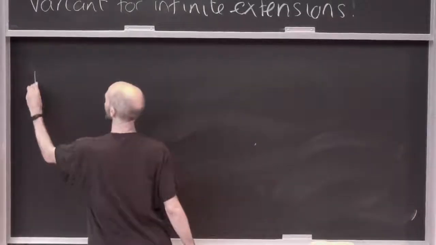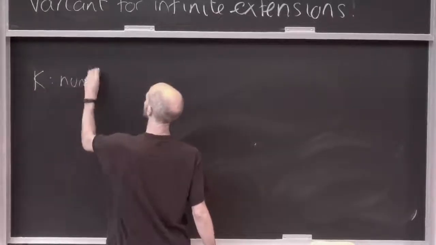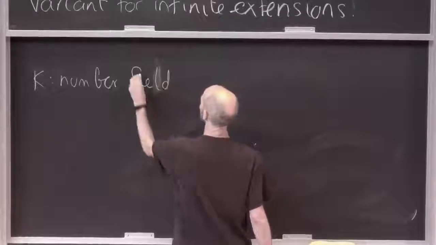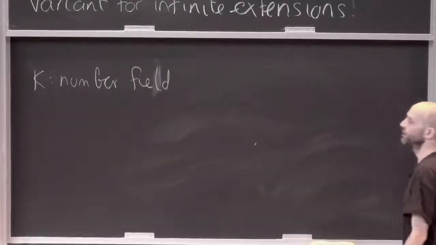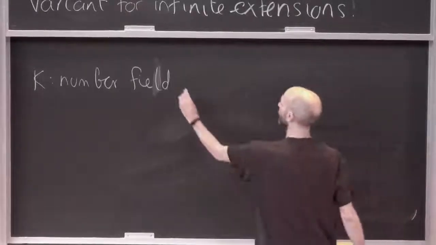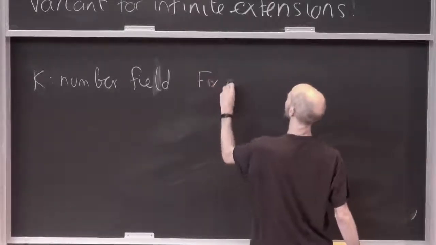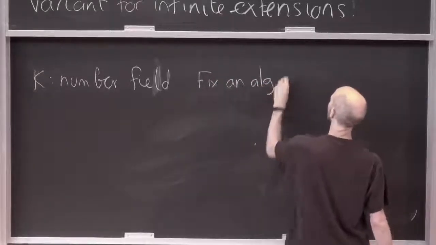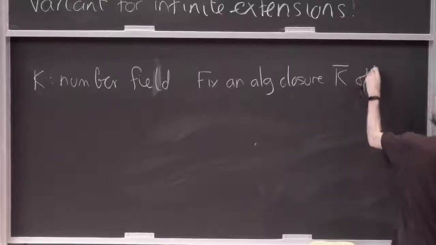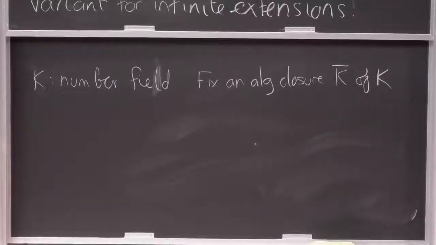Let's have K a number field. Now, just for simplicity, like when you do fundamental groups, it's easy to choose a point. Let's do the analogous thing. Let's just fix an algebraic closure, K-bar of K. And now, here's the problem.